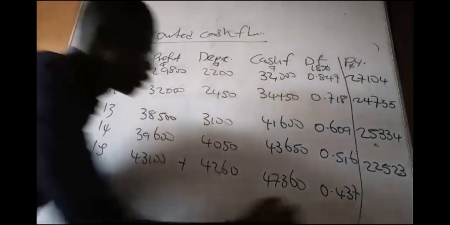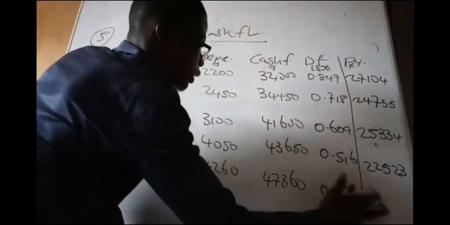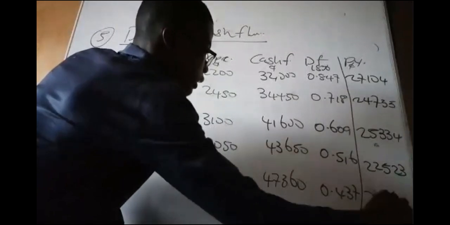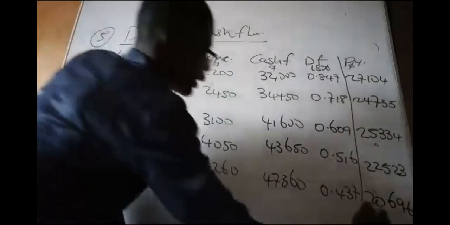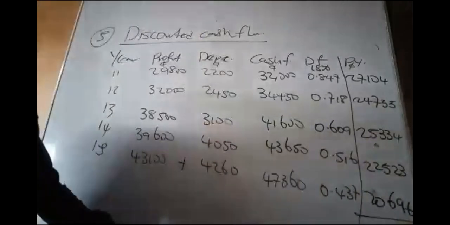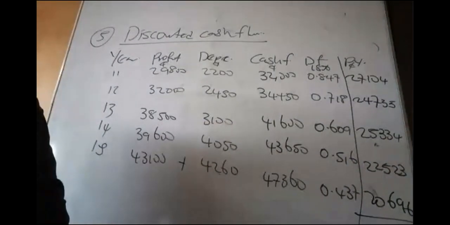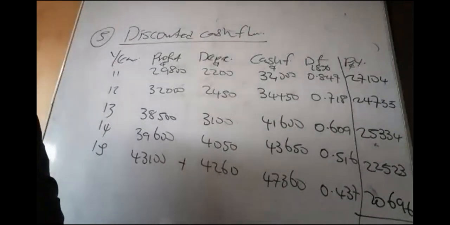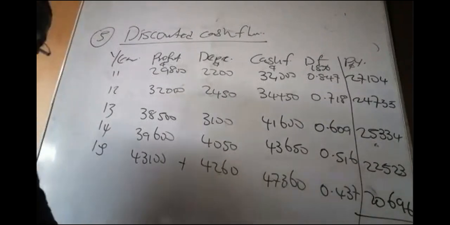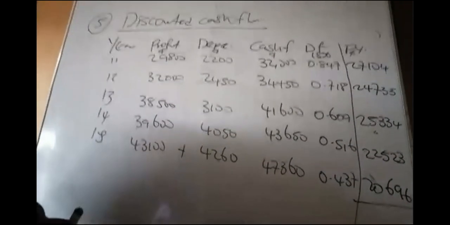So the last year will be 20,696. Can you sum all of them up for me? All of them summing up will be 120,392. Perfect.